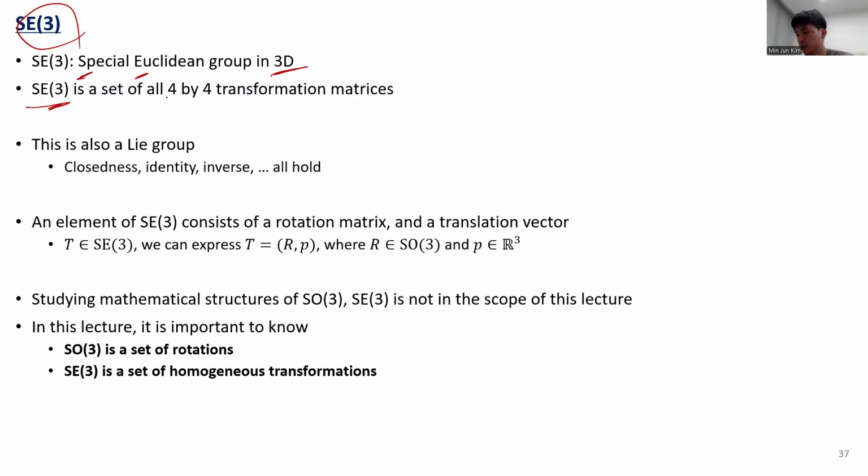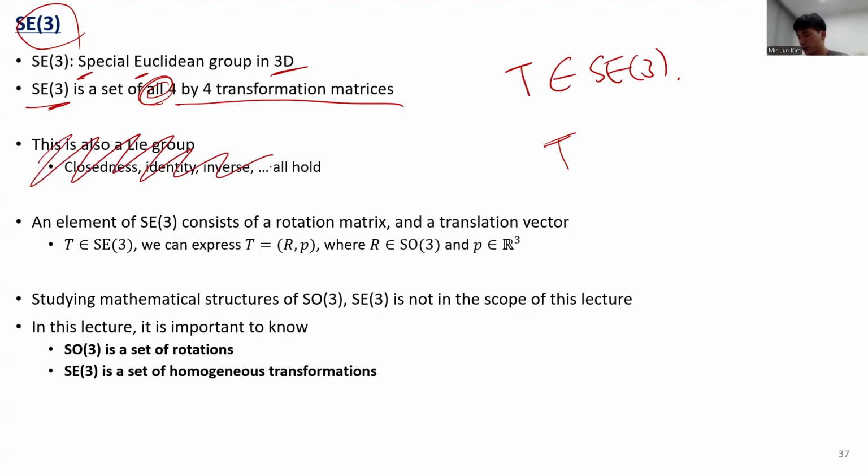SE3 is the set of all 4x4 transformation matrices. If I write it like this, that means T is a 4x4 transformation matrix. It's not just an arbitrary matrix. It's a special matrix, a 4x4 transformation matrix.